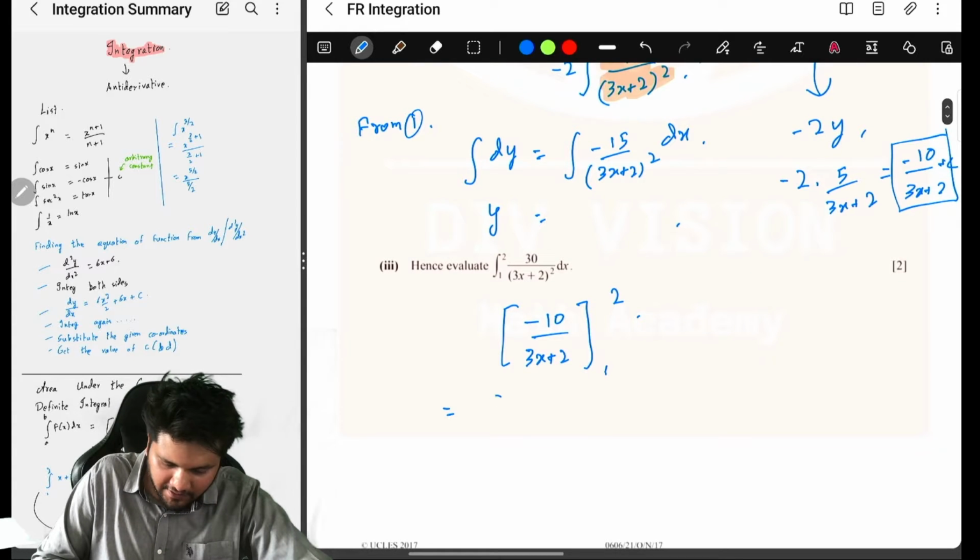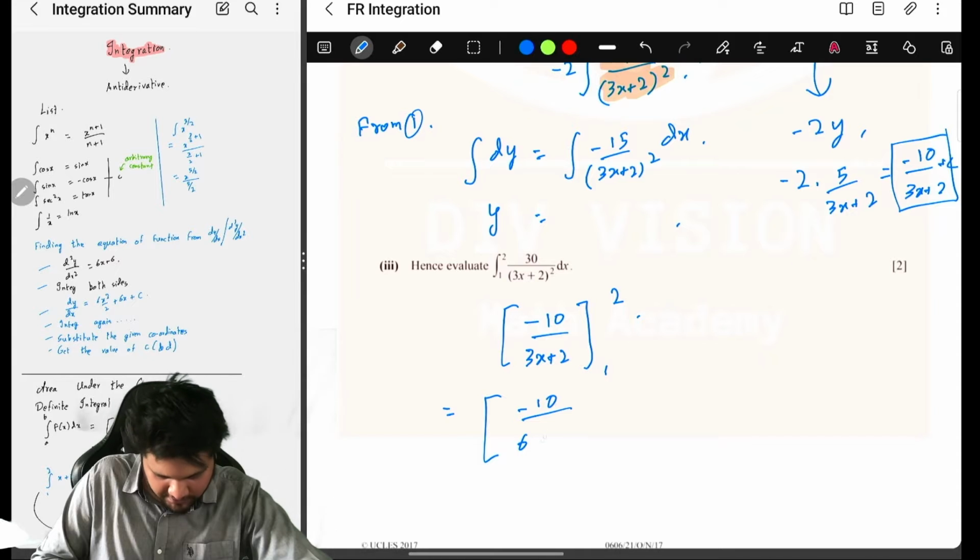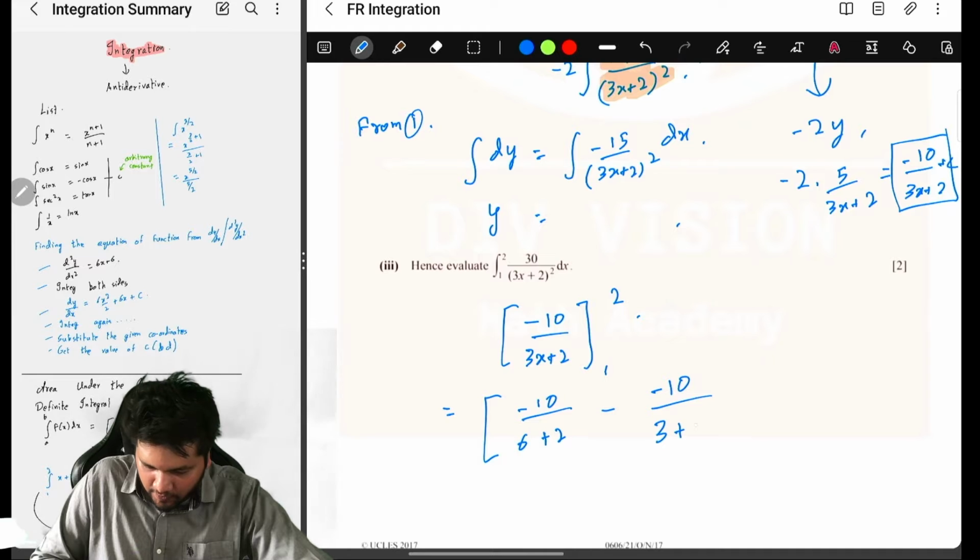It's going to be what? It's going to be -10 upon 3 into 2 plus 2, which is nothing but 6 plus 2, minus, minus 10 upon, again I'll substitute, so it's going to be 3 plus 2.